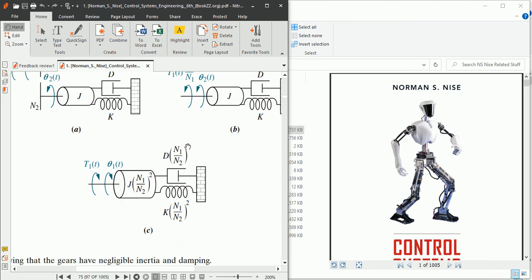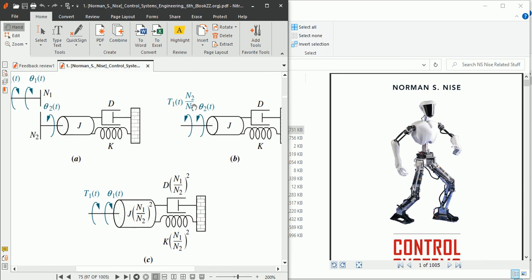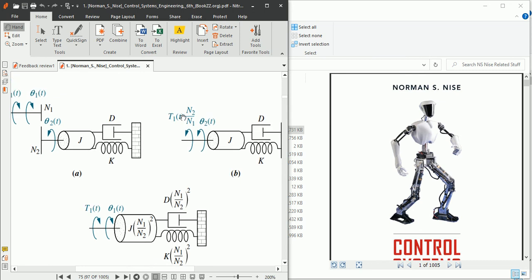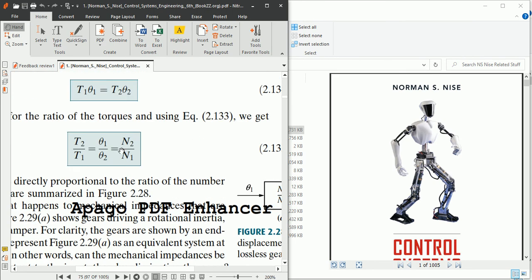You have to square for J, D and K, please remember this. But if you want to shift only torque or theta, you just multiply with the gear ratio. For torque, you need N2 over N1, destination shaft over source shaft. But for theta 2, you have to make it inverse, because these are inversely proportional.